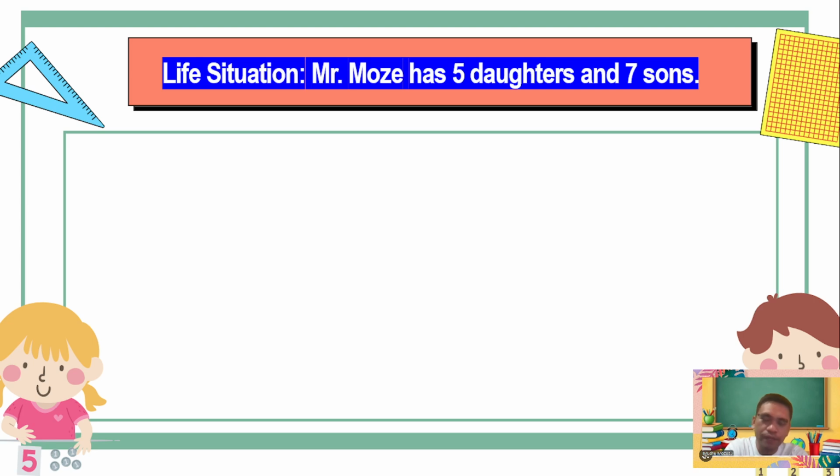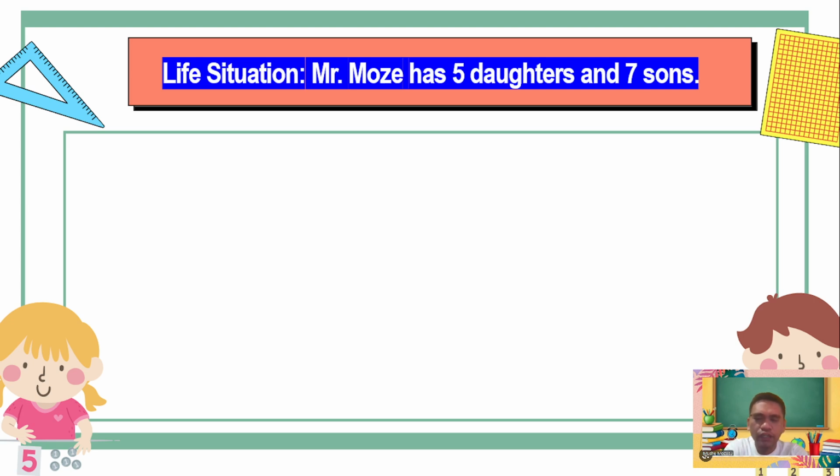At silang i-compare, pero dili na to i-compare ang ilang mga itsura or ang ilang mga kinaiya. We are going to compare the quantities, ang gidaghanon. Pila man kabuok daughters, okay, 5. Pila man kabuok sons, 7. So i-compare na itong gidaghanon. Kung sa kadaghan na ang sons compared sa daughters. So mao na sa idea sa ratio.